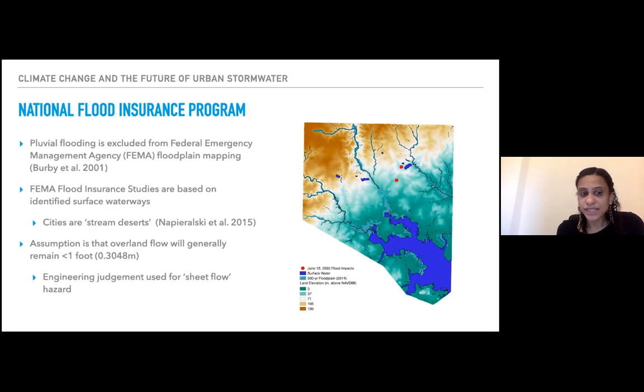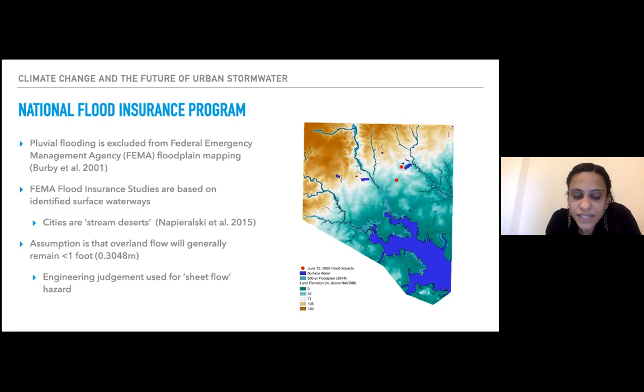The big issue is that most of our flood insurance studies are based on identified surface waterways, and we've replaced our surface waterways functionally with sewer systems. Our cities are stream deserts, which is a term one researcher has begun to use to identify them. So we're not really mapping this pluvial flood hazard in practice in our US cities.